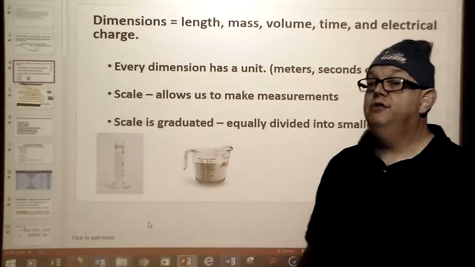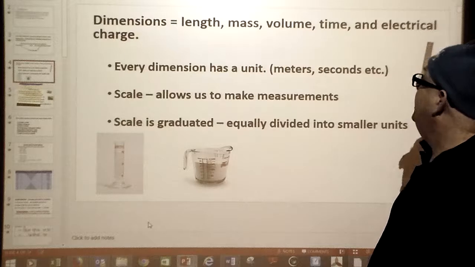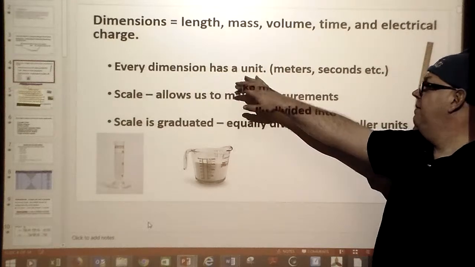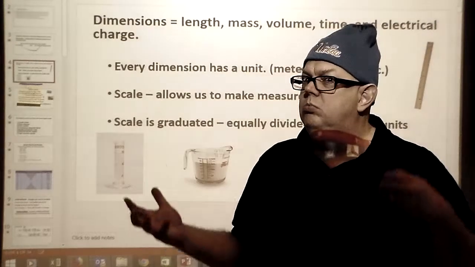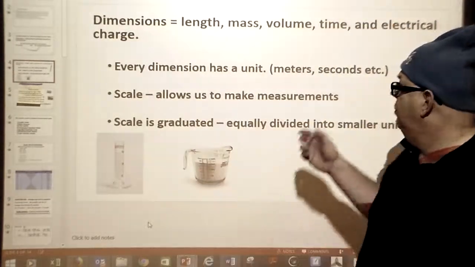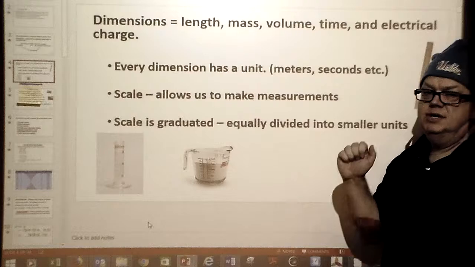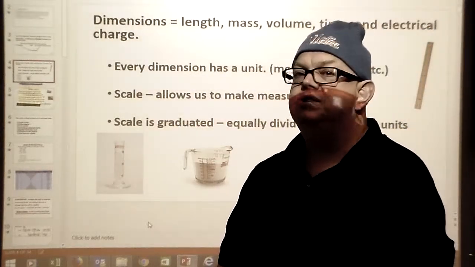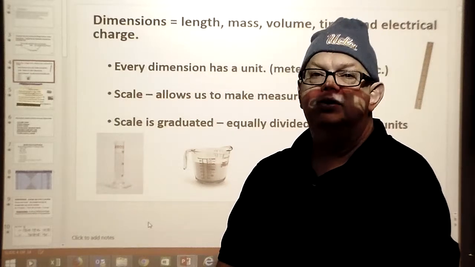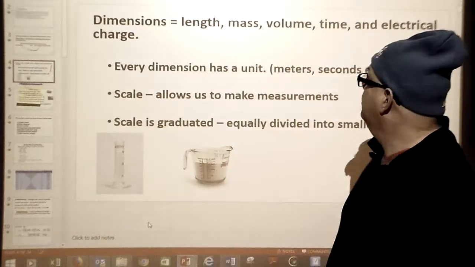Time is considered to be a fourth dimension, all right, and electrical charge. So every dimension would have a unit to go with it. Otherwise, what's the point? So things like meters, seconds, etc. You could look at miles per hour, feet per second. Those are other examples of that.